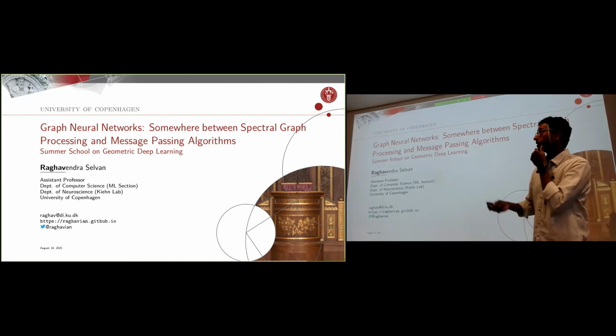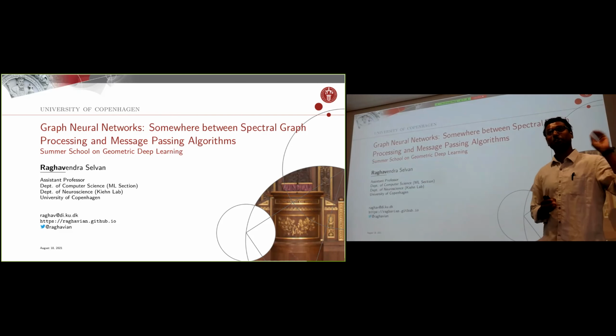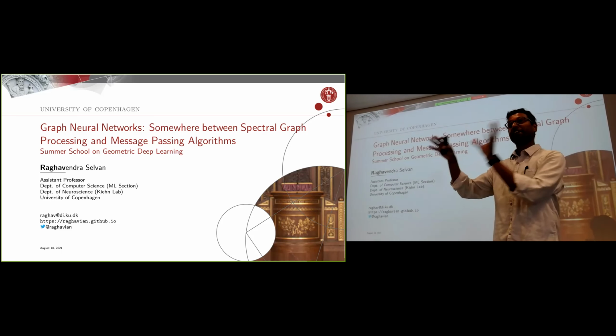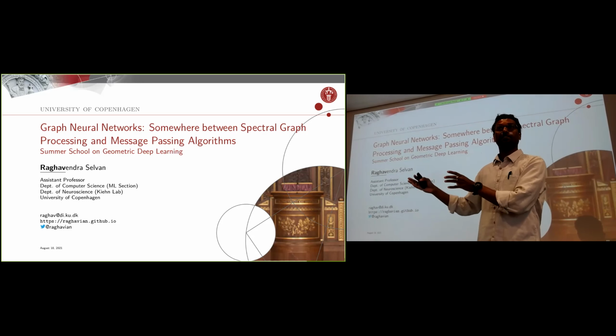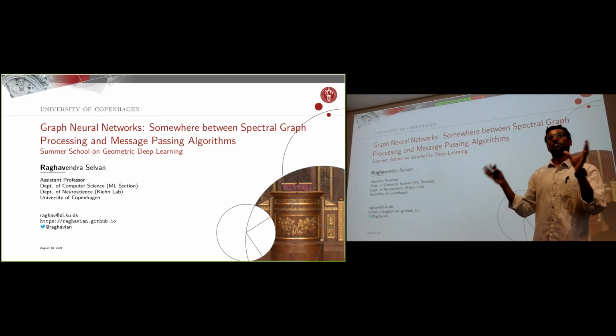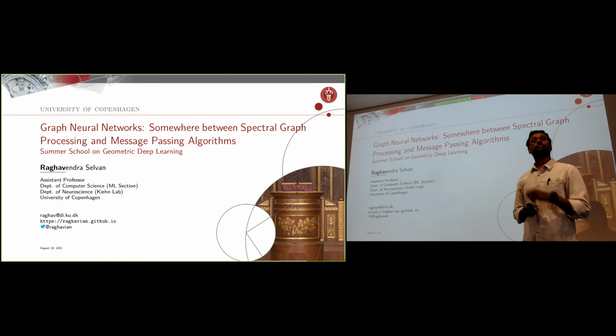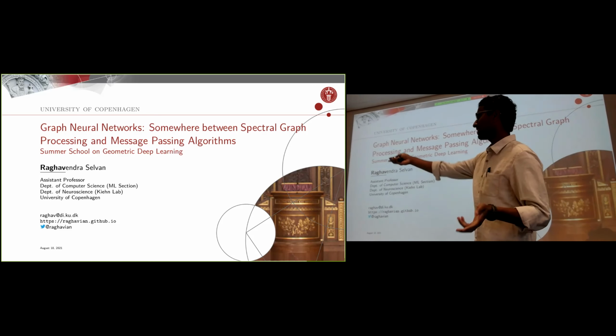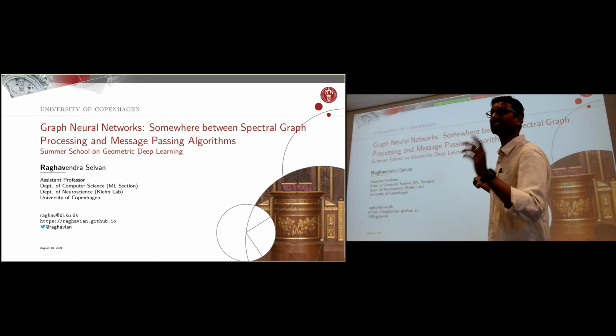And that is what the title is. So I'm going to start something from a spectral theory point of view, and then we will end up with generalized message passing schemes. And this is sort of the context in which we are going to be looking at graph neural networks.